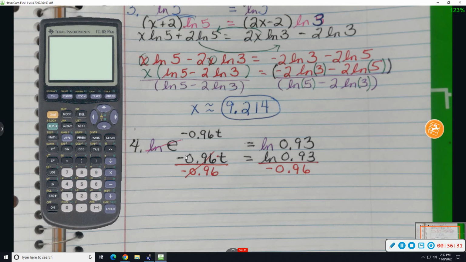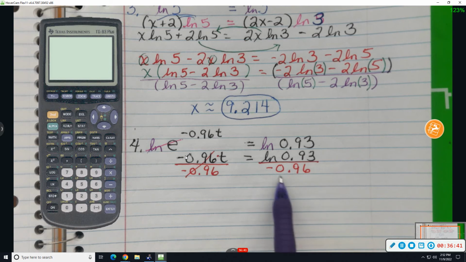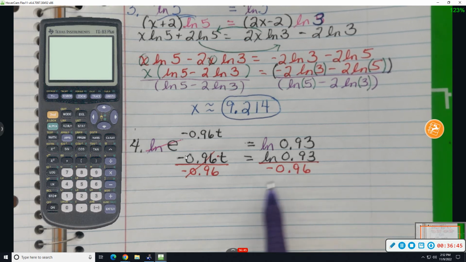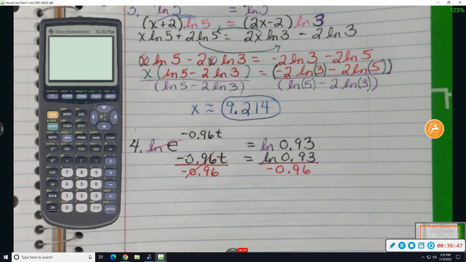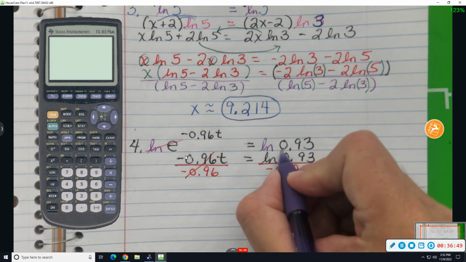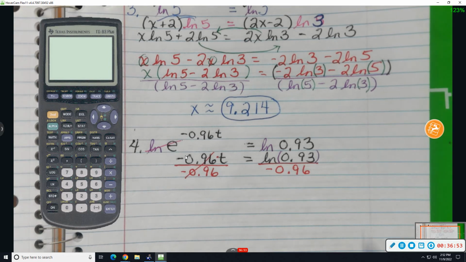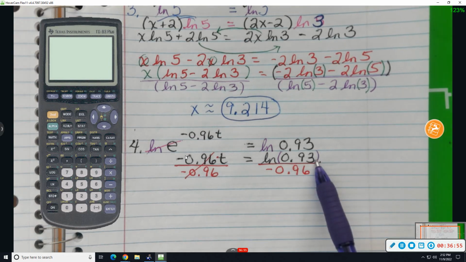To put this into the calculator, you don't need a lot of parentheses. There's just one number on top, ln 0.93, and on the bottom, there's just one number, negative 0.96. But what you do have to do, if your calculator is like mine, is close this parenthesis right here.